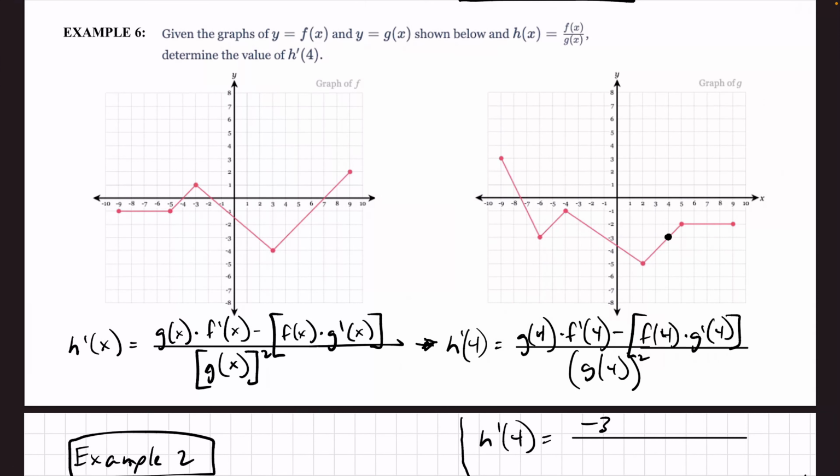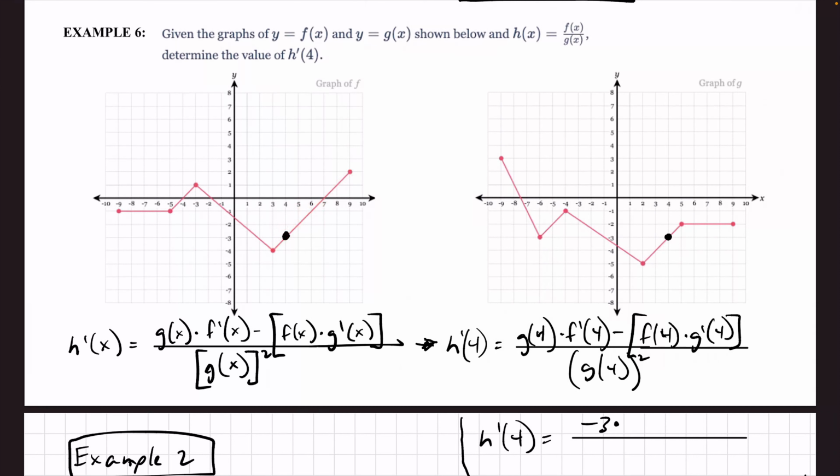So negative 3 times f prime of 4. Well, what does f prime always refer to? Slope, tangent line, right? So they want you to find the slope when x is 4 for f. So it's the point here, but they don't want the y value, they want the slope. So what is the slope of the segment it's on? 1, right? Up 1 over 1.